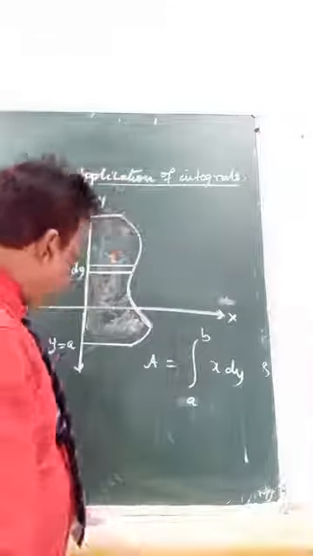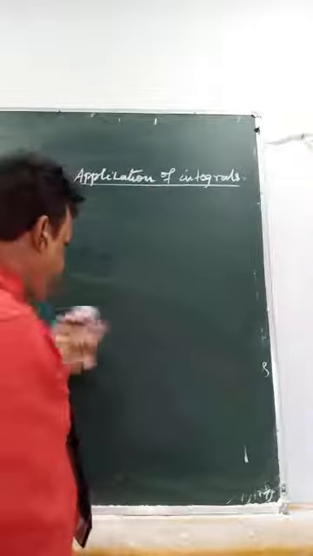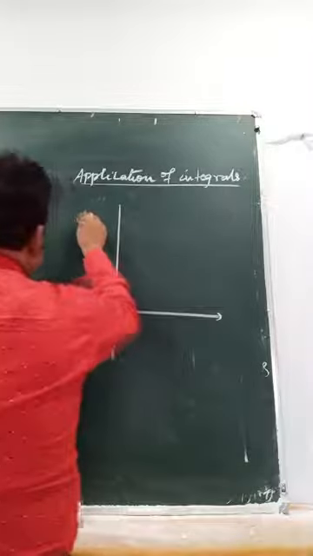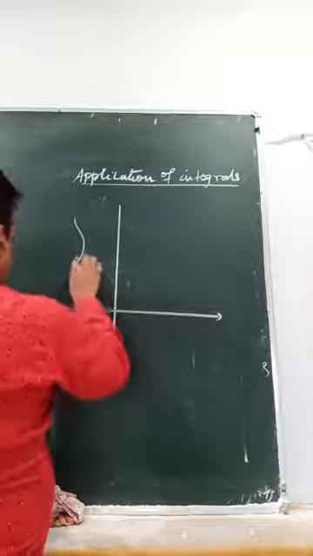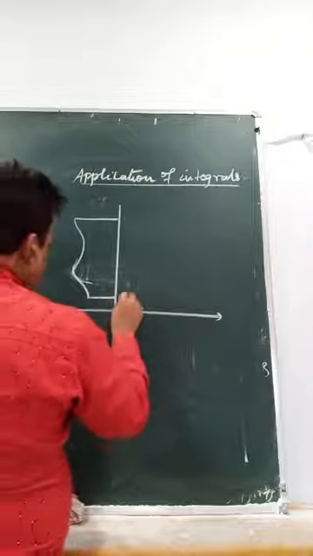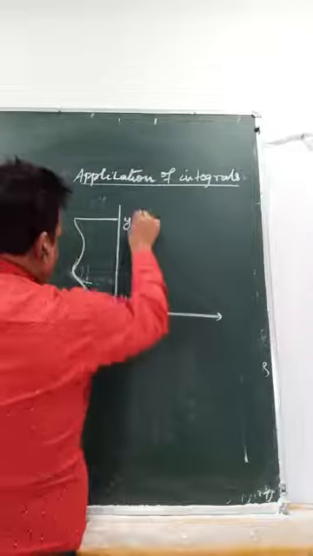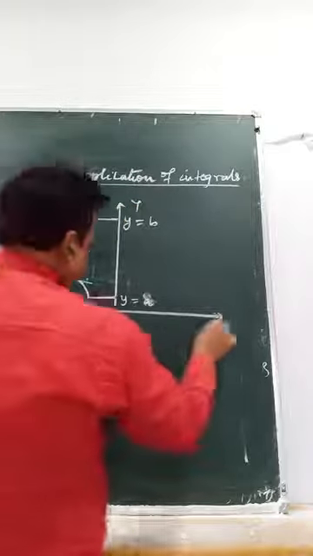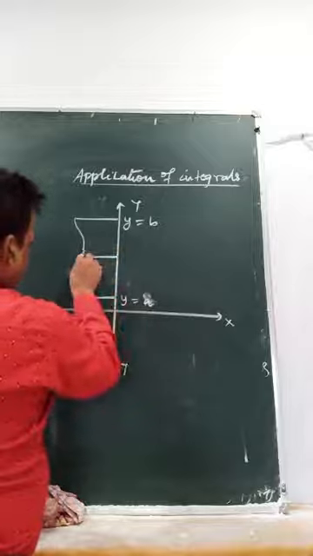Now if the curve is to the left side of the y axis, suppose this is a curve. Now I have taken here the limit, y equals to a to y equals to b. This is your y axis. Same thing, small portion.